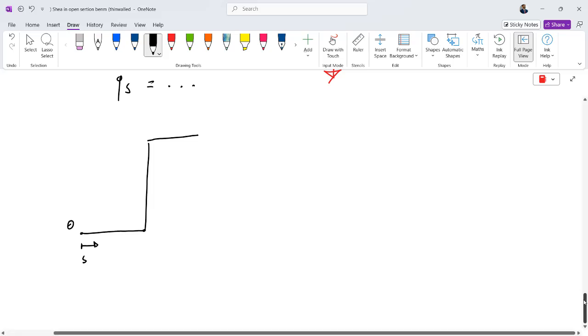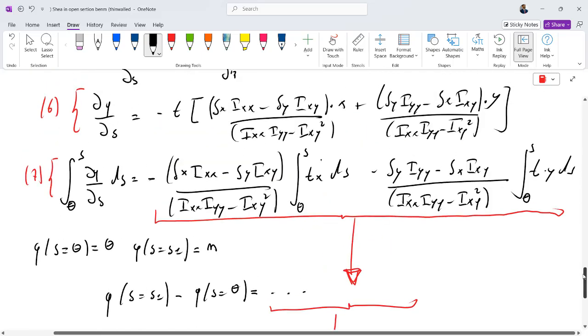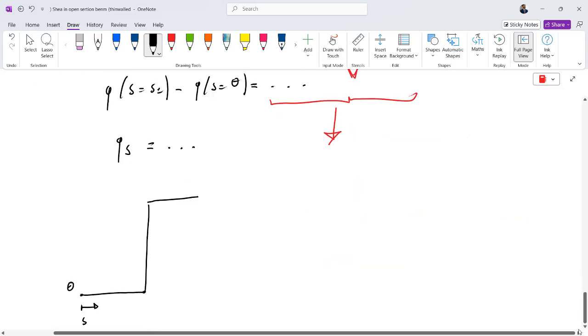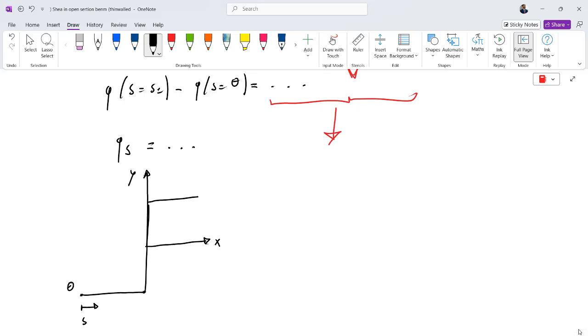I must derive an equation along the x and an equation along the y direction. If this is x direction and this is y direction, along the y direction the portion of the considered section is this, if this is the centroid. Clearly it is the distance of this portion of the section from the centroid. This is y.